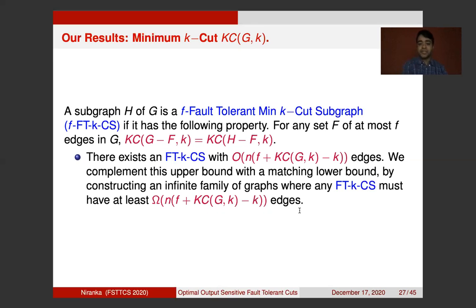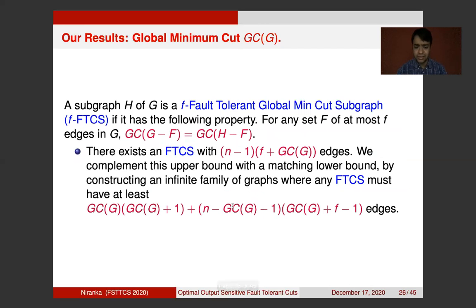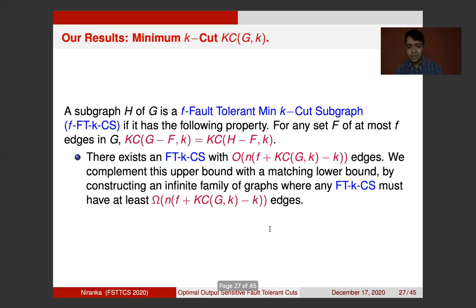For the purposes of this talk, I have used asymptotics here, but in our paper, we also try to figure out the constants in our bounds. And as we saw earlier, the values of GC(G) or KC(G) also help determine the asymptotics in our results.